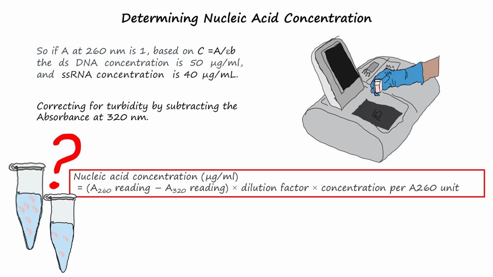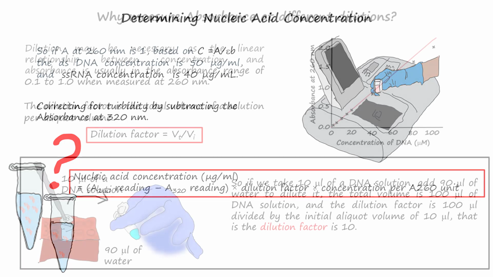And thus, nucleic acid concentration in microgram per ml, corrected for turbidity by subtracting the absorbance at 320 nanometers, is calculated using the equation: nucleic acid concentration in microgram per ml is equal to absorbance at 260 nanometers minus absorbance at 320 nanometers, multiplied by the concentration of the nucleic acid when absorbance is 1 at 260 nanometers, multiplied by the dilution factor.